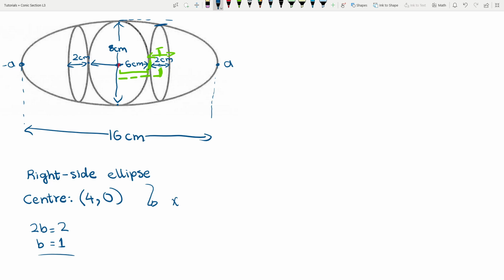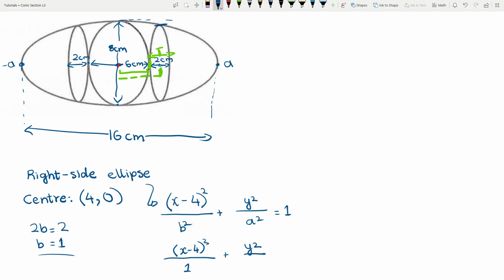So the ellipse equation, since it is shifted to the right 4 units, is (x minus 4) squared over b squared, plus y squared over a squared equals 1. Since we know b is 1, squared is 1, plus y squared over a squared.